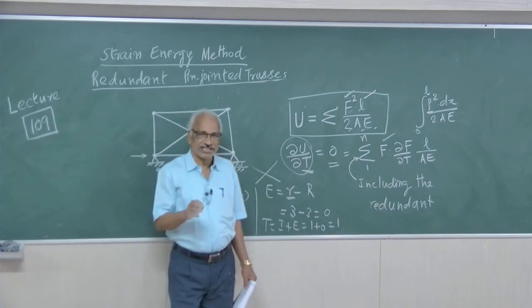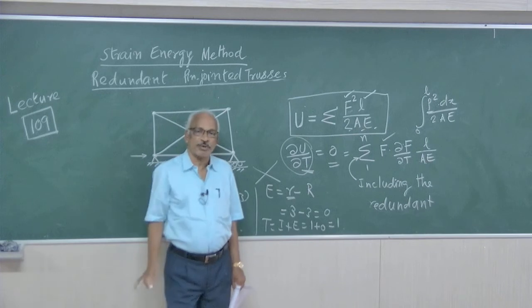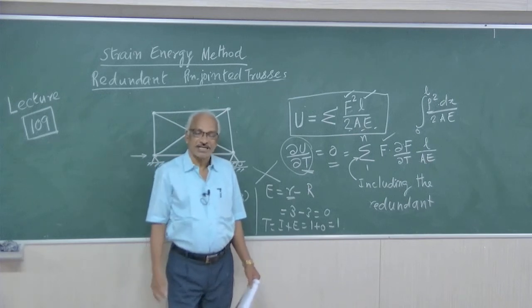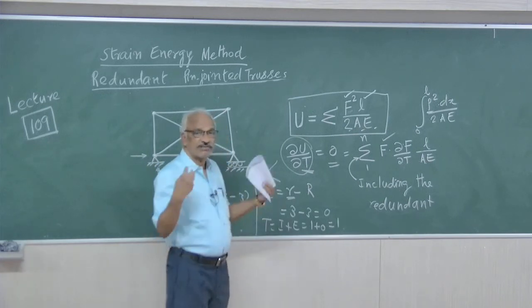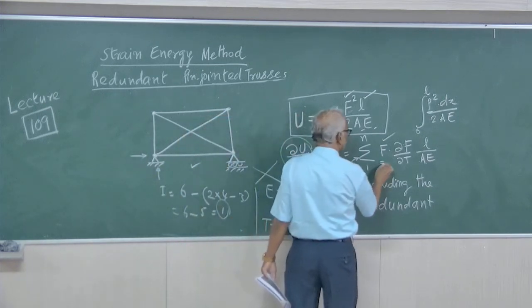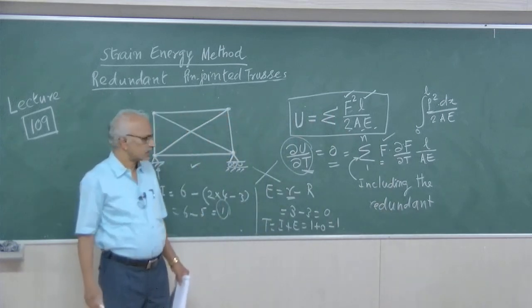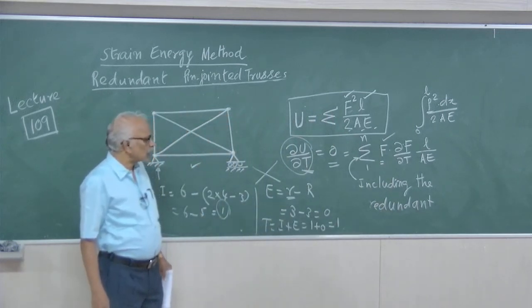So the first work is to make the structure statically determinate. That is, remove any one member and make the structure statically determinate. Find out the force in various members. That is what is called F. Find out the value in all members. F into dou F by dou T.